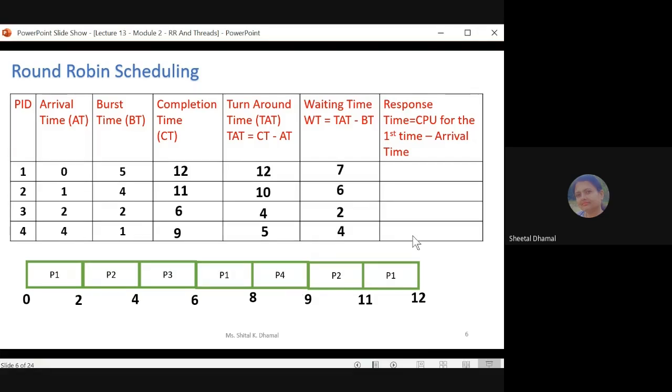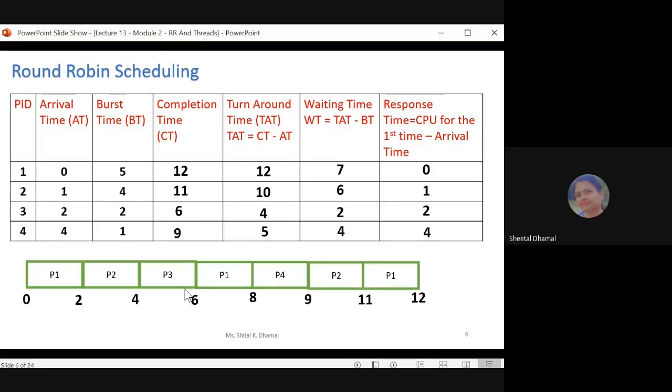And response time is the time at which the processor is assigned to the process. So here you can see the left hand side time. P1 got the processor at 0 time units and it has arrived at 0 time units, so 0 - 0 is 0. Then process P2 got the CPU at 2, but it has arrived at 1 time unit, so it is 2 - 1 is 1. Meaning you have to look at the left hand side time. Process P3 was assigned the CPU at 4 time units, so 4 - 2 is 2.